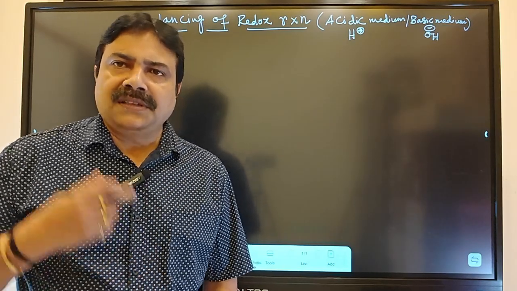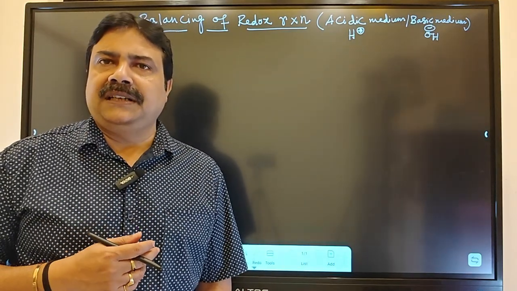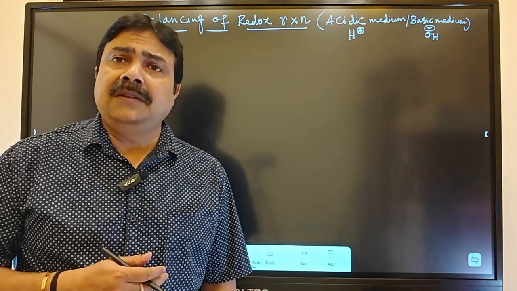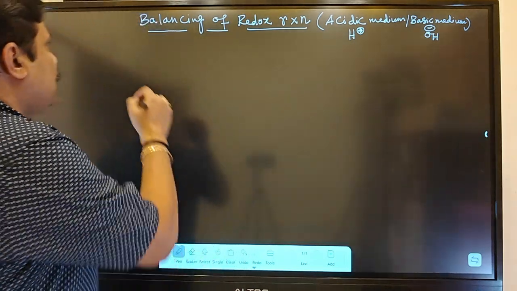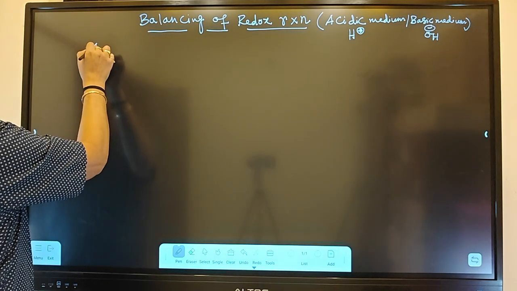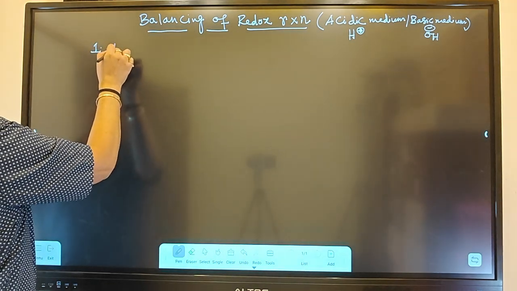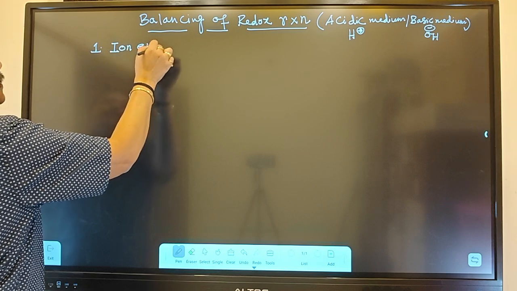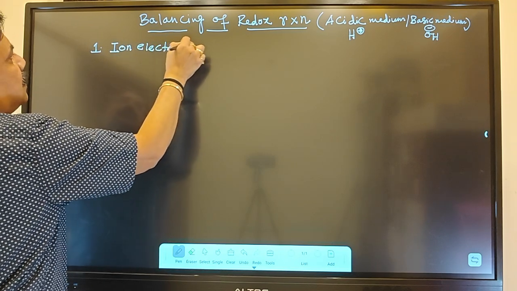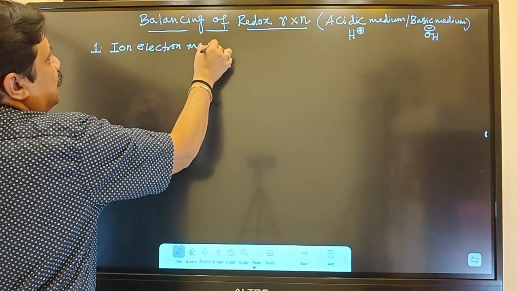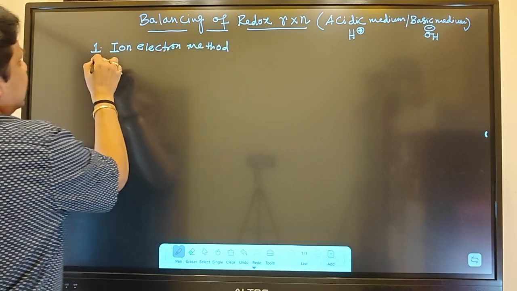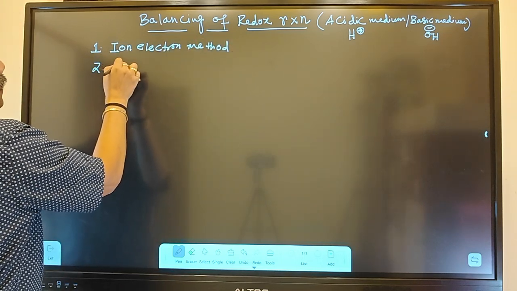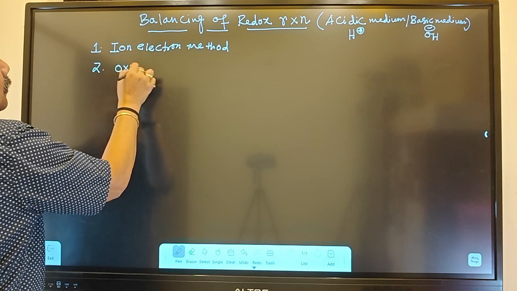That's why first let us look at the acidic medium, and balancing of redox reactions can be done by two methods. The first method we will discuss is the ion electron method, and the second one we will discuss for the same reaction is the oxidation number method.